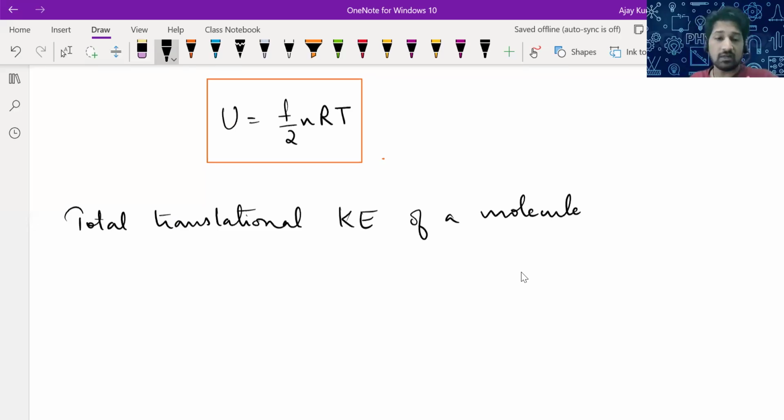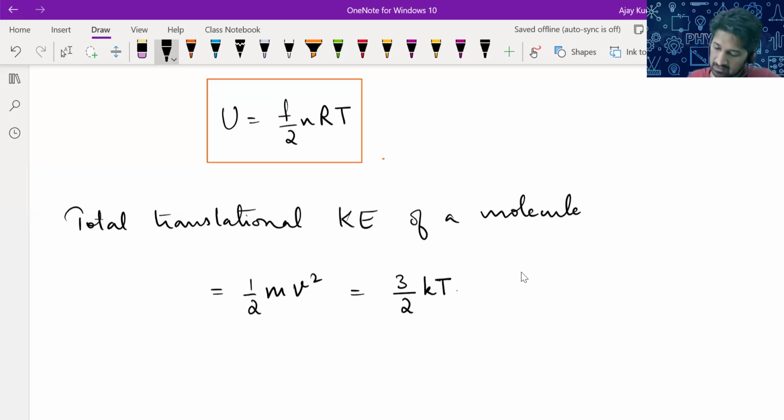So the total translational kinetic energy of a molecule, which is basically half mv square, will be 3 by 2 kT. Why is it 3 by 2 kT? Because any kind of molecule, be it monatomic, diatomic, or polyatomic, linear, non-linear, has three translational degrees of freedom. Per degree of freedom, the energy stored is half kT. So for 3 degrees of freedom, it will be 3 by 2 kT.